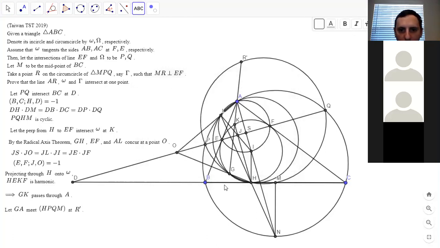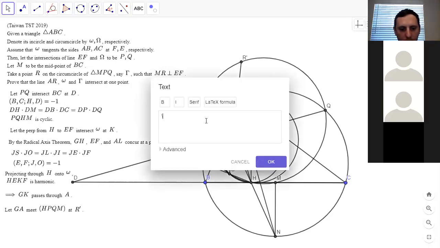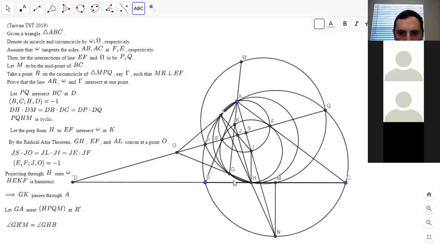Then we have angle... we wanted to show that angle GKH is angle GR prime M. So GR prime M is GHB, which is equal to GKH.